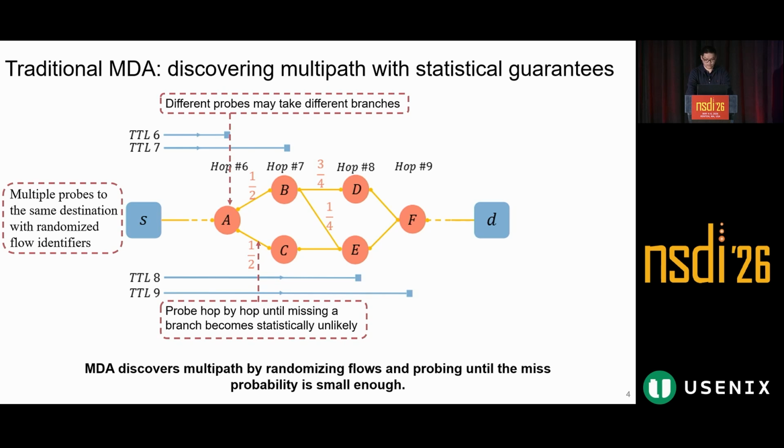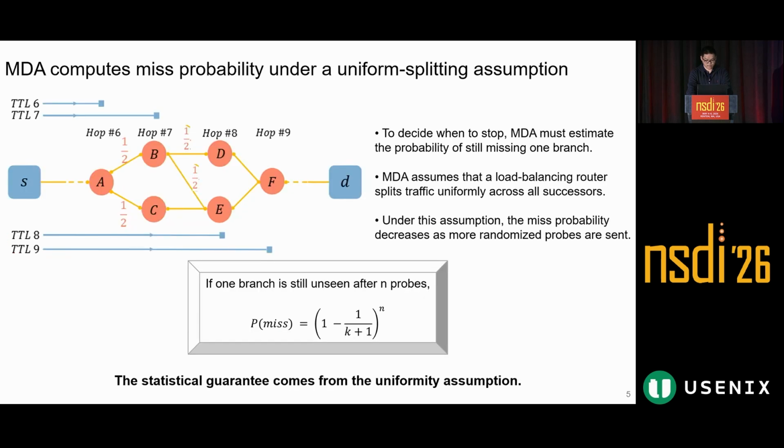It works hop by hop and round by round, and it keeps probing until missing another branch becomes statistically unlikely. So the main idea of MDA is very elegant. It discovers multipath by randomizing flows and using a statistical stopping rule. The key question now is how MDA decides when it has seen all branches.